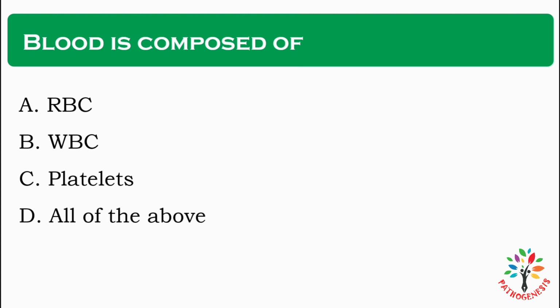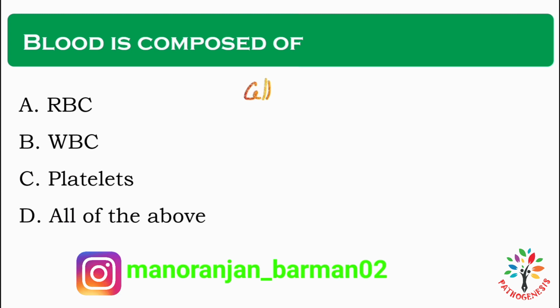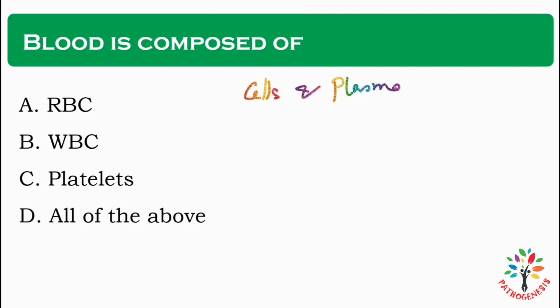Moving on to the next question. Blood is mainly composed of cells and plasma, cellular elements and plasma. The cells are RBC, WBC and platelets.